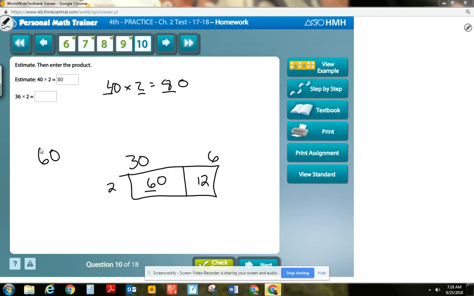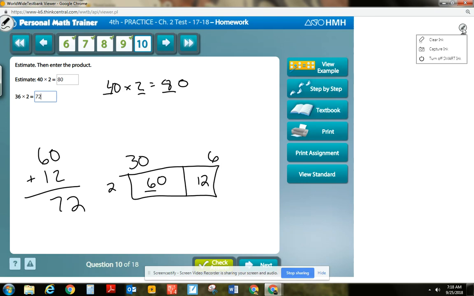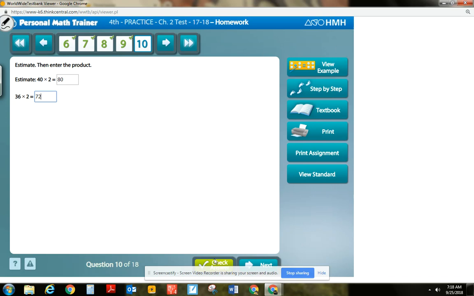I add those together, and I get 72. Make sure that you are precise. I know I'm kind of quick with my multiplication facts, but use your chart, show your work, be precise.